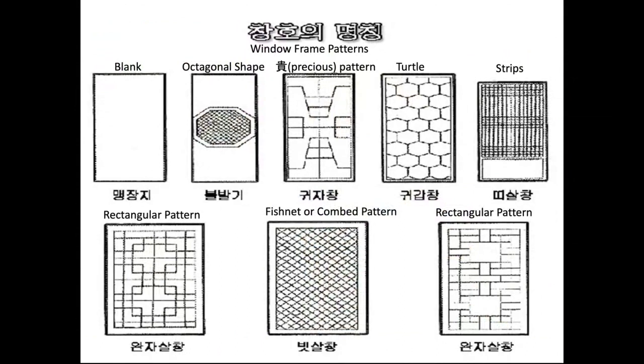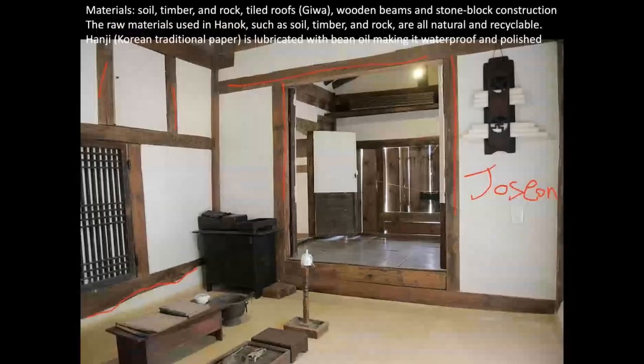So these are other types of elaborate, a little bit more, how do you call it, artificial patterns. They can create a lot of different patterns, like turtle shapes, or cone patterns, or rectangular patterns, but their own house itself does not have any decorative or ornamental elements.